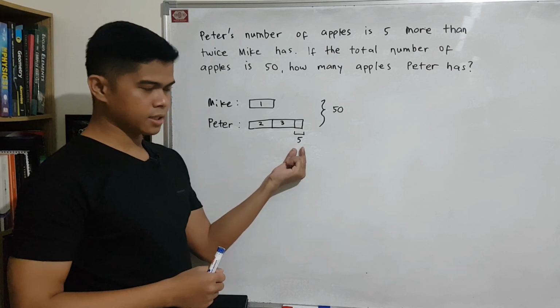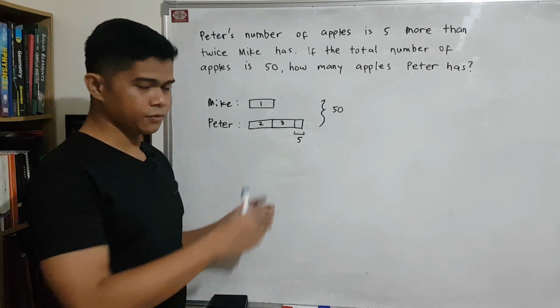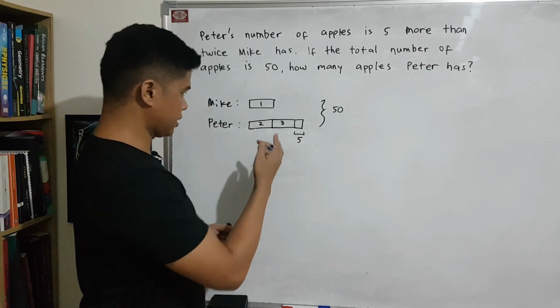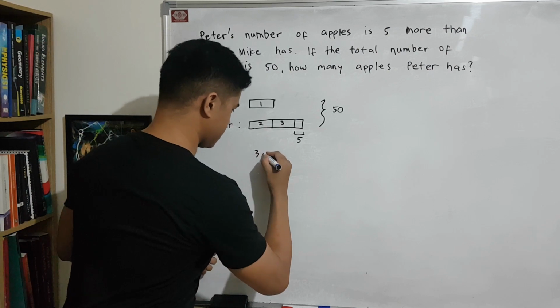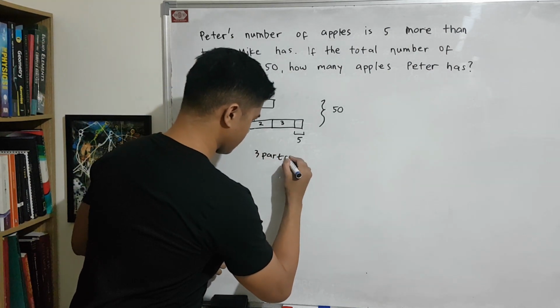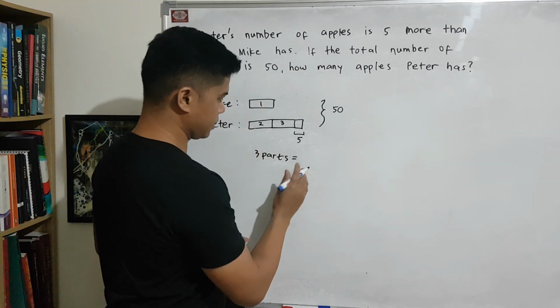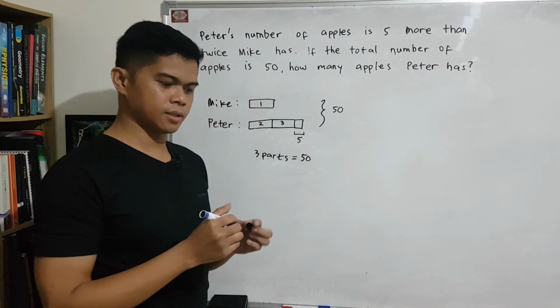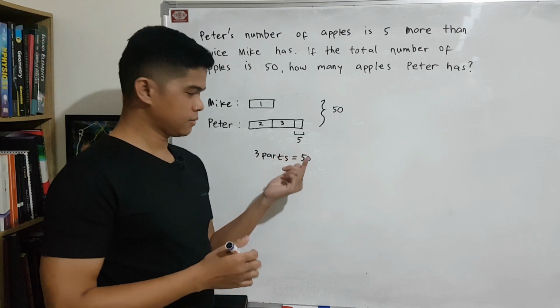Now we have an extra 5 here, and if you add the 3 bigger parts, we have 3 parts. This must be equivalent to 50, but we need to remove the extra 5, right?